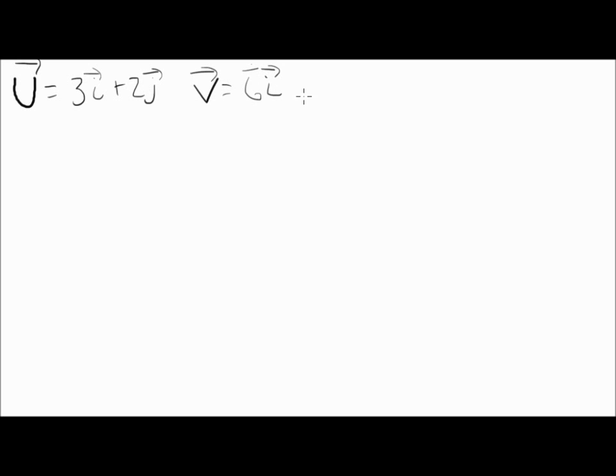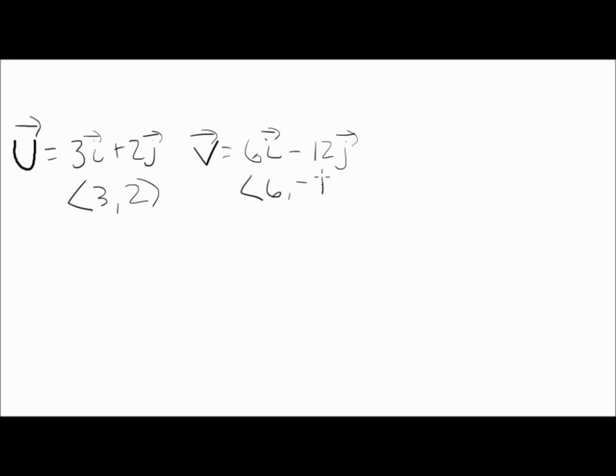The arrow goes over the i, not the 6. So we'll say 6i minus 12j. If we want to, we can also write this in component form, so it's going to look like 3, 2, and 6, negative 12, because I know you all like to do that better. I think you realize that that's a little bit easier.